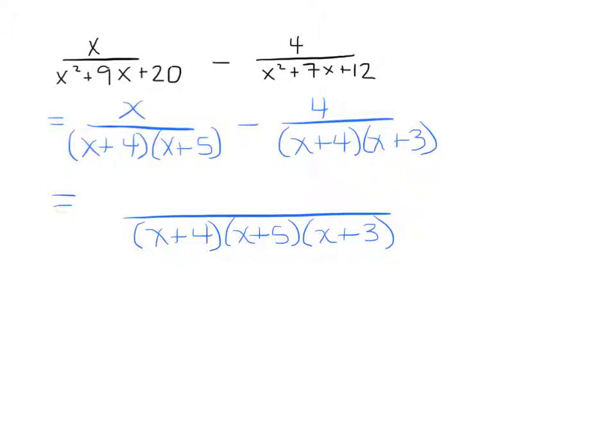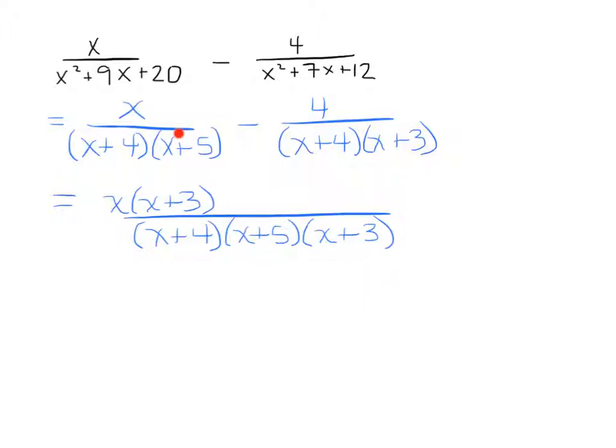Now, what does the first term have to multiply by? All of those? Nope. The missing one, right? And what's the missing one? X plus 3. Yeah. The first one has to multiply by x plus 3. Because the denominator already has x plus 4 in it, it has x plus 5 in it, it's missing x plus 3.